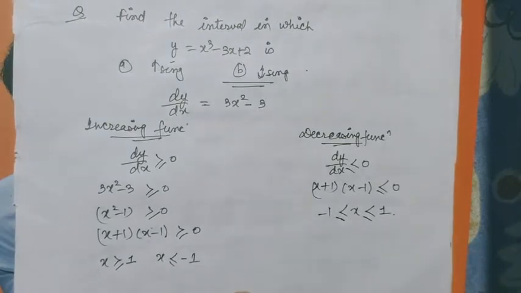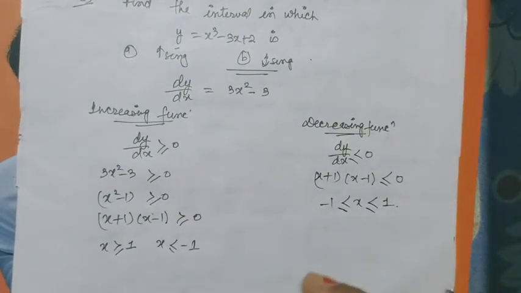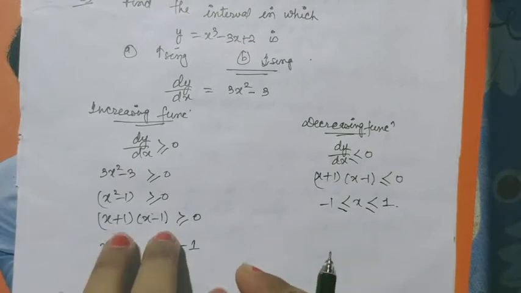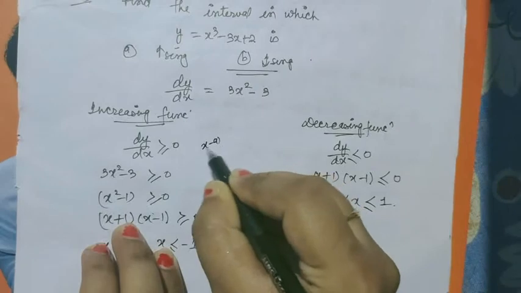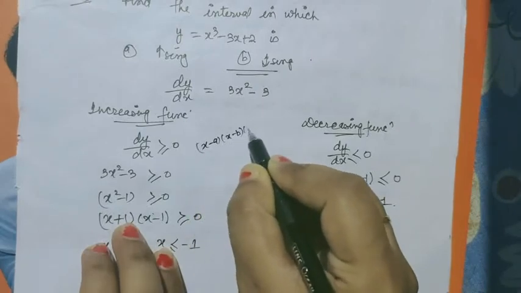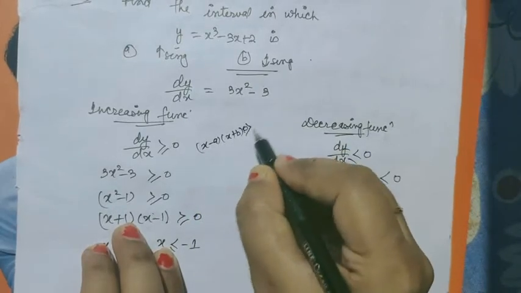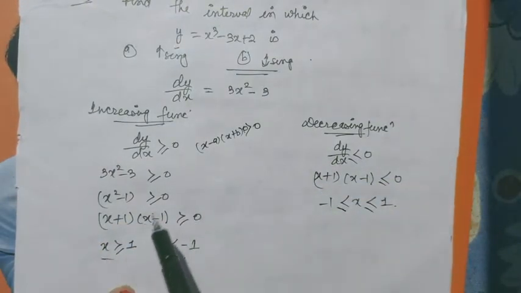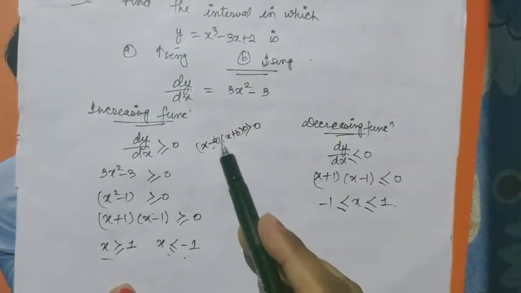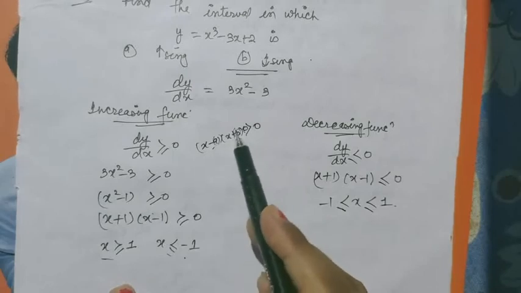See one thing, if any function is written in this way, that is (x minus a)(x plus b) is greater than 0, then you can write it like this.